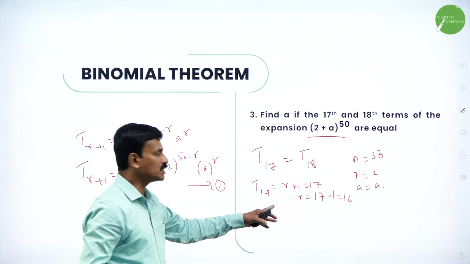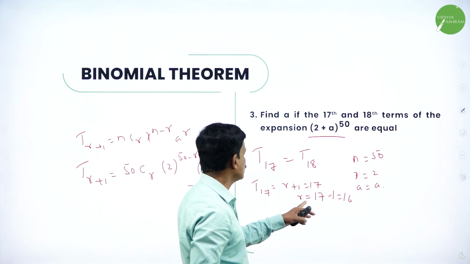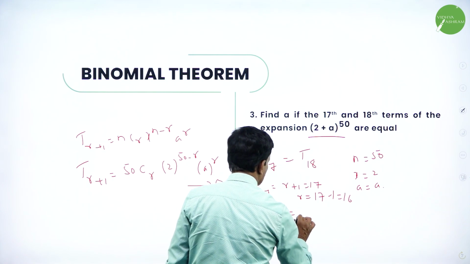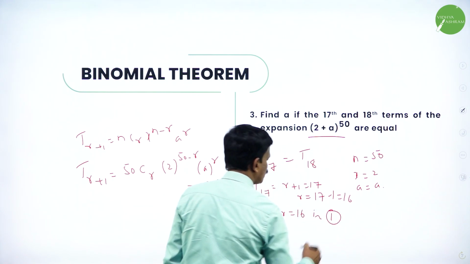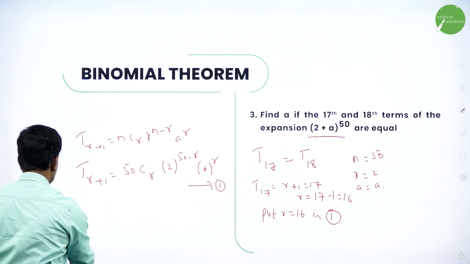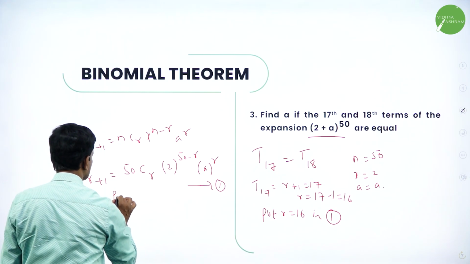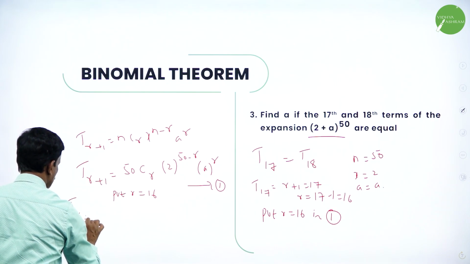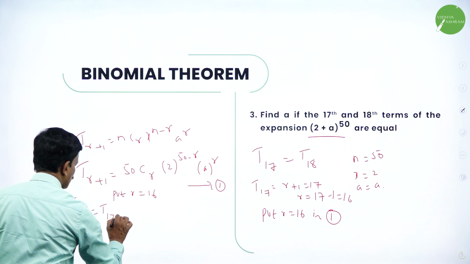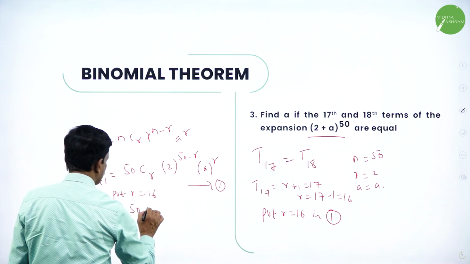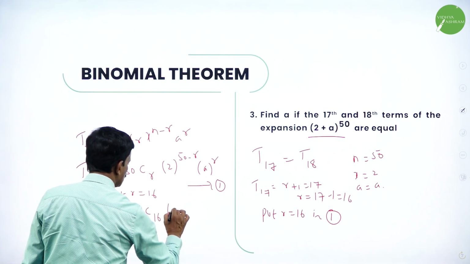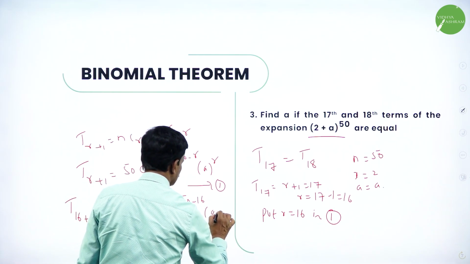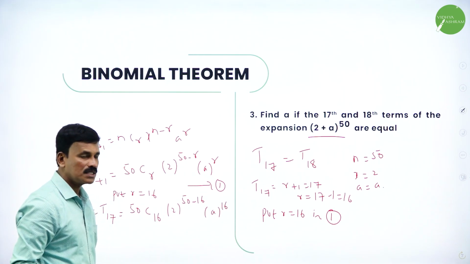Now to find the 17th term, that is r plus 1 is 17, r is equal to 17 minus 1. So put r is equal to 16 in equation number 1. So T(16+1), that is T17, is equal to 50C16, 2 to the power of 50 minus 16, into a to the power of 16.